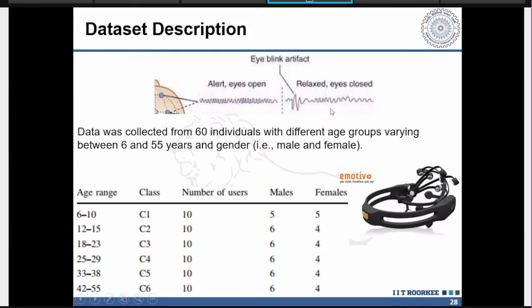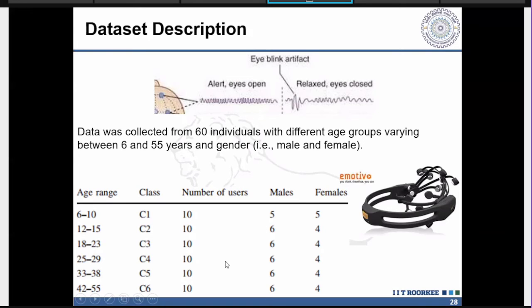We collected signals from different users, with ages varying from 6 to 55 years. For example, 10 users were from 6 to 10 years old, then 10 users from 12 to 15, like this, up to 40 to 55 years old. Some of them are male and some female.